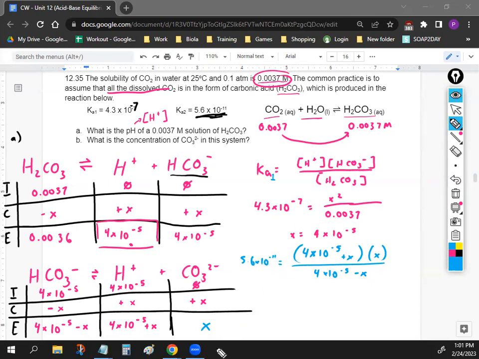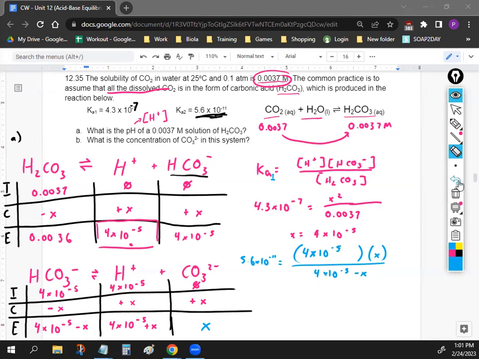Now we can use that trick I just told you about. If the Ka value is really small, we can assume the 5% rule works here. The change is going to be so small that it doesn't affect the concentration very much.